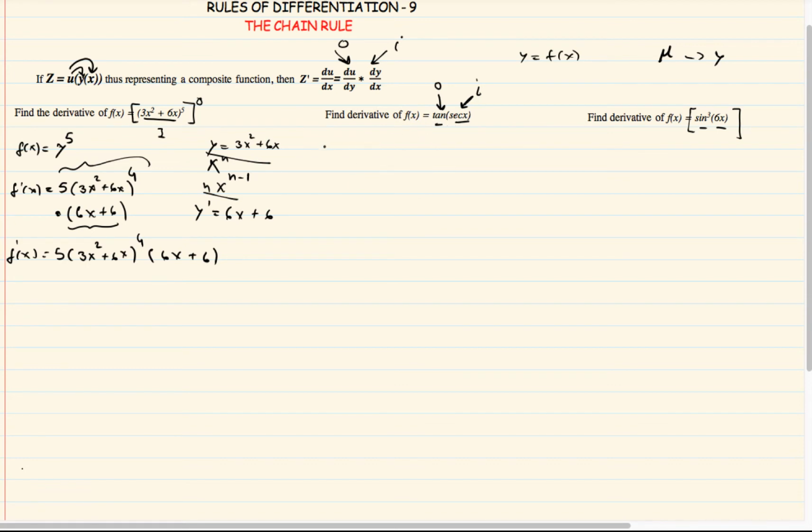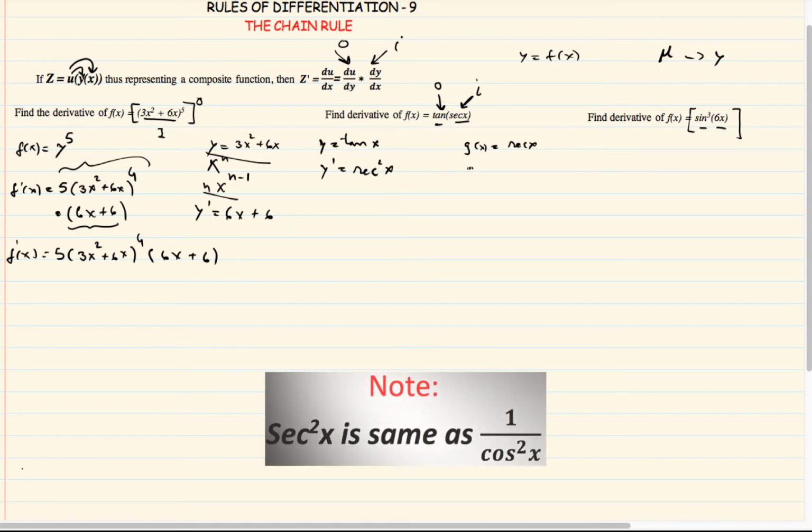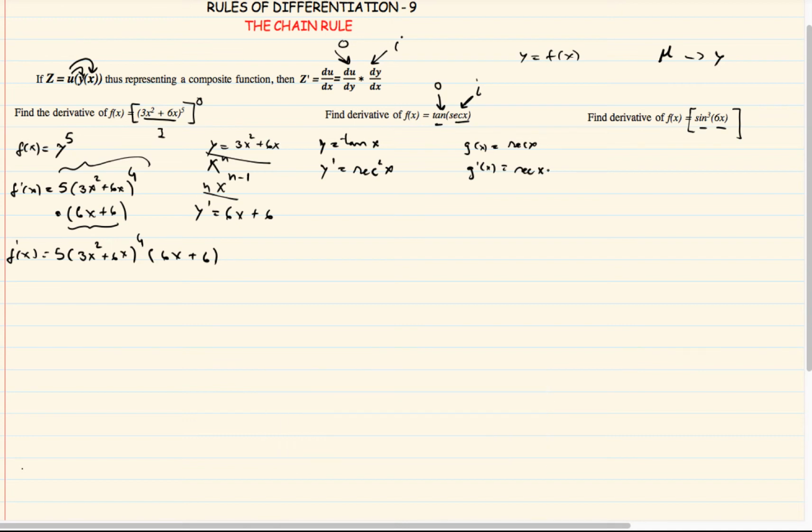So if you say y is equal to tan of x, and you can say g of x is equal to sec of x, we know that the derivative of tan of x is secant square of x, and the derivative of g of x, sec of x, is sec of x into tan of x.